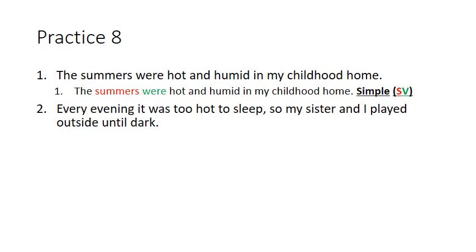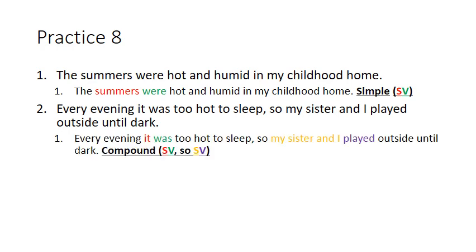But let's look and see if there's a subject after so. And we can see that the subject is my sister and I, and the verb is played. So this one is actually going to be a compound sentence with the formula of SV, comma, so, SV.